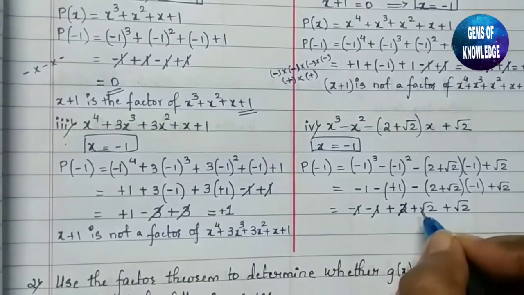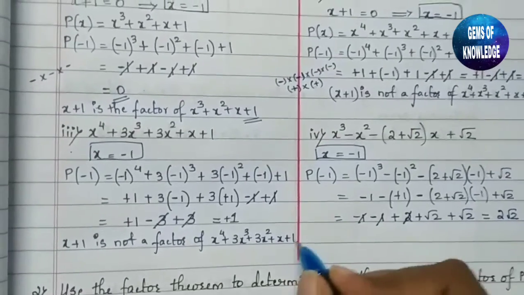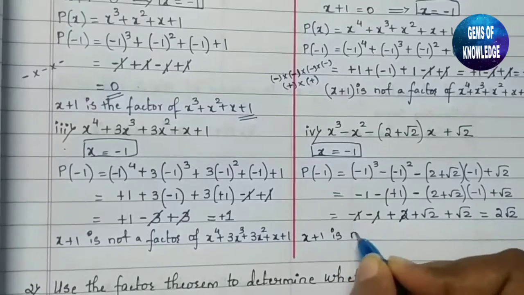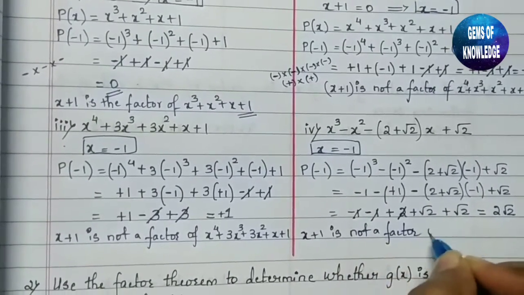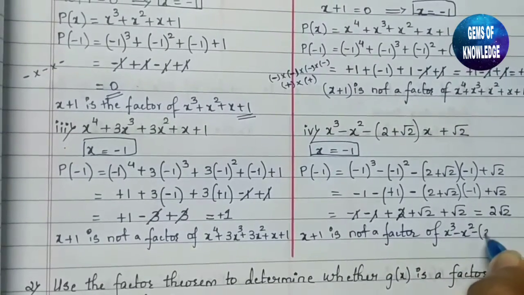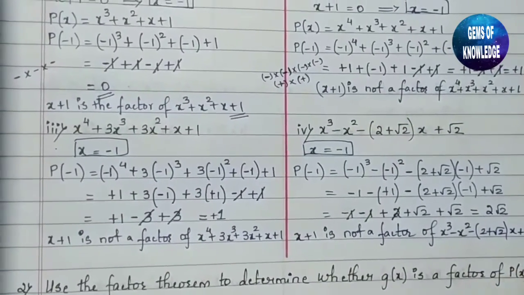We are left with root 2 plus root 2, we are getting 2 root 2. So again here we can write it as x plus 1 is not a factor of x cube minus x square minus of 2 plus root 2 of x plus root 2.